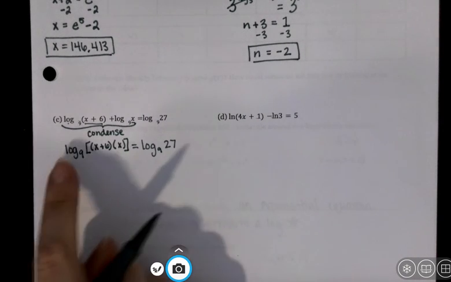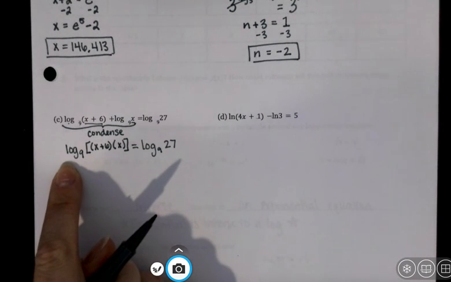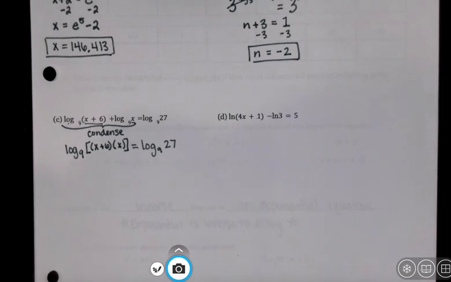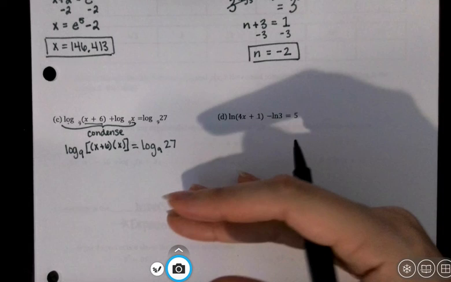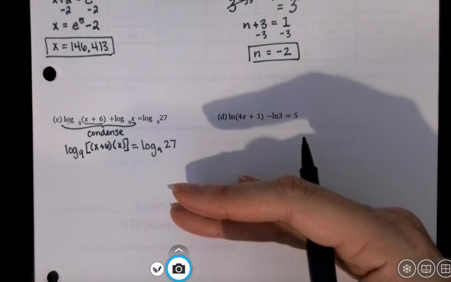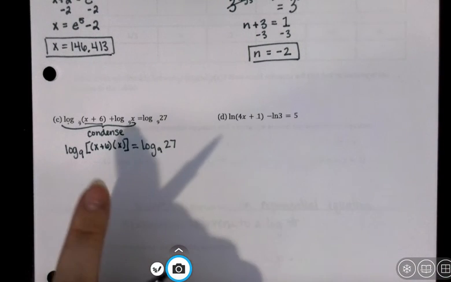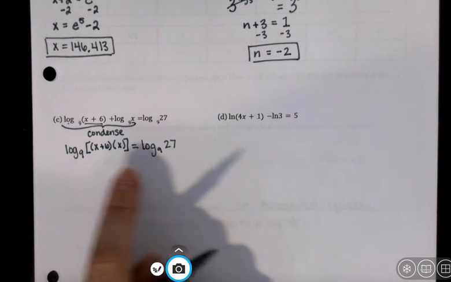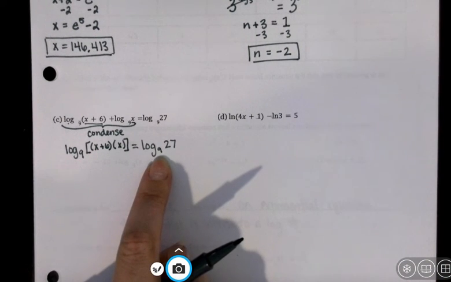So now if I want to get rid of my log, I have to do the inverse of logs, which is exponentials. So I'm going to raise everything to an exponent on 9. And the reason I know it's going to be 9 is because that's the base on both of my logs.